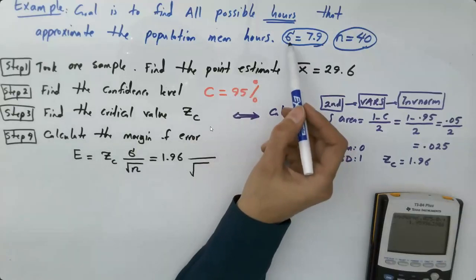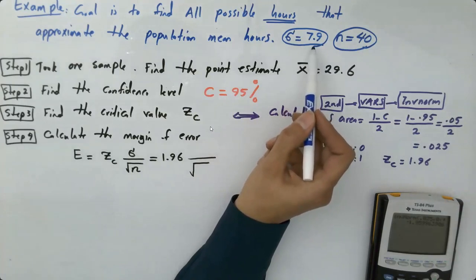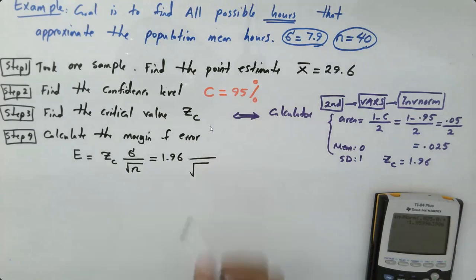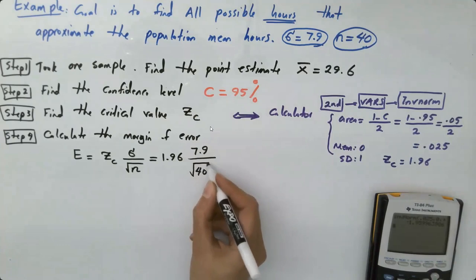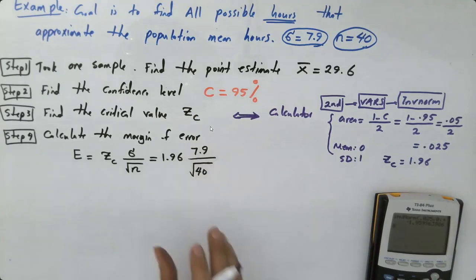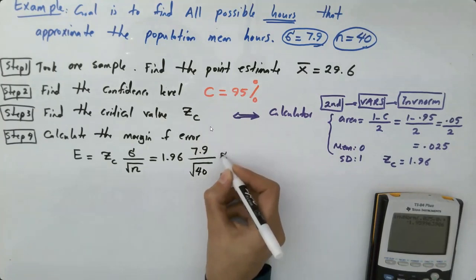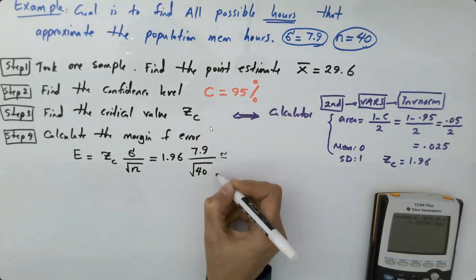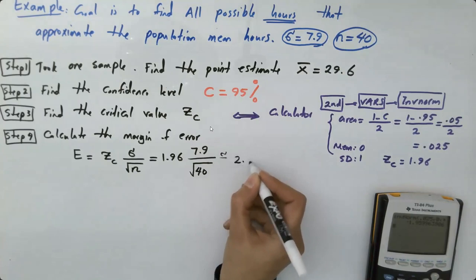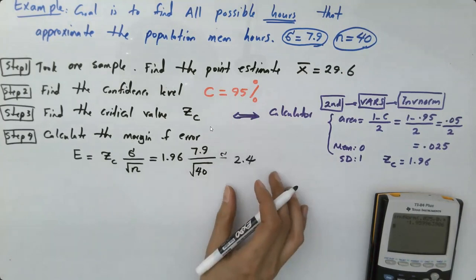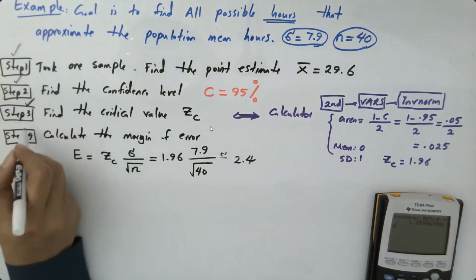And assume the population standard deviation is also given to you as 7.9 hours. Okay, let's enter these: 7.9 divided by the square root of 40. If you do the calculation, the margin of error, the maximum distance between the population mean and the sample mean, is about 2.4 hours.